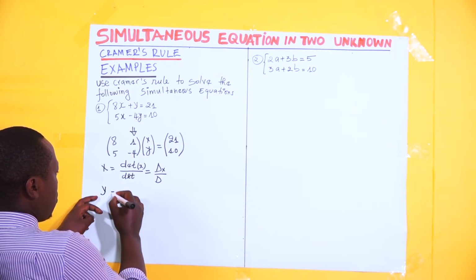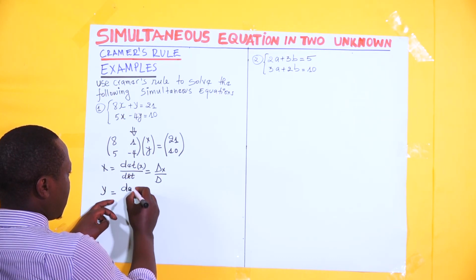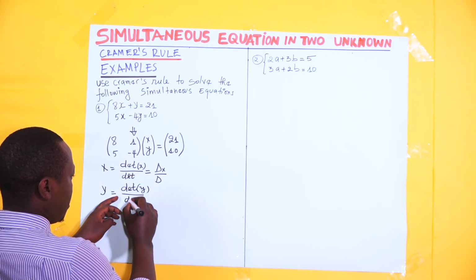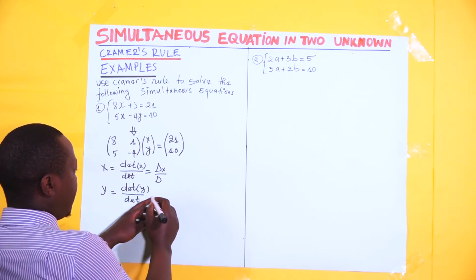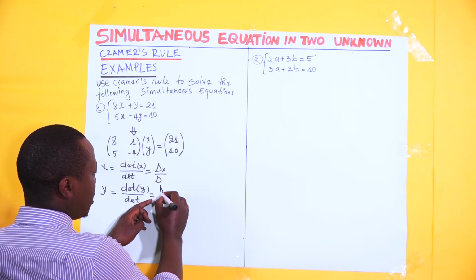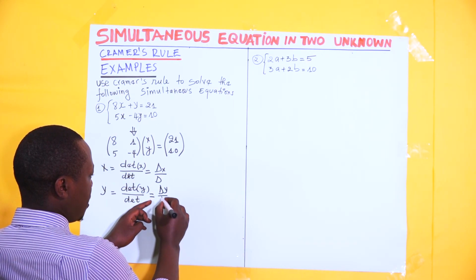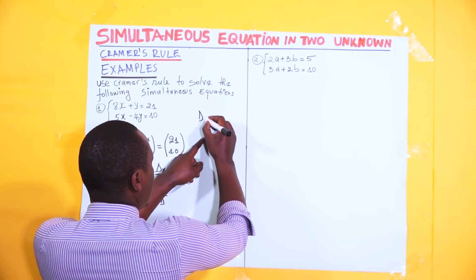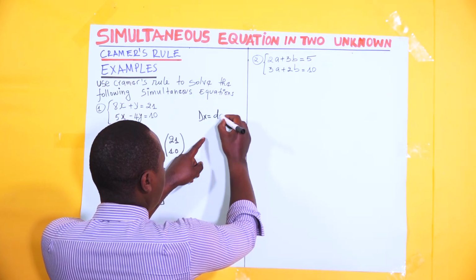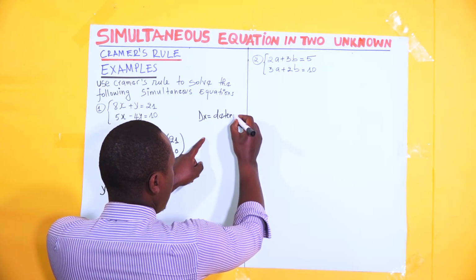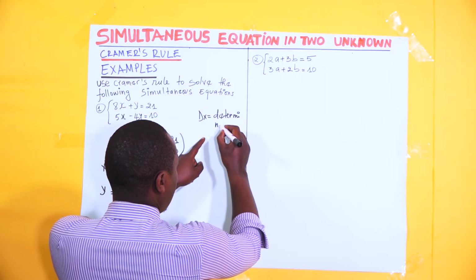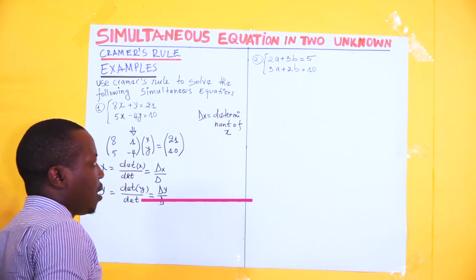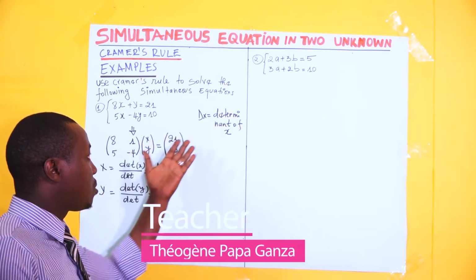And then y equals the determinant of y over the determinant. This is the same as writing dy over d. dx means the determinant of x, the same as dy means the determinant of y.